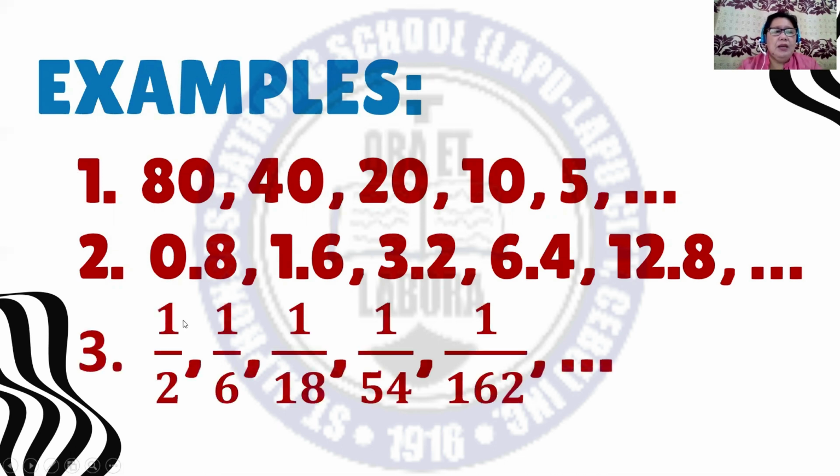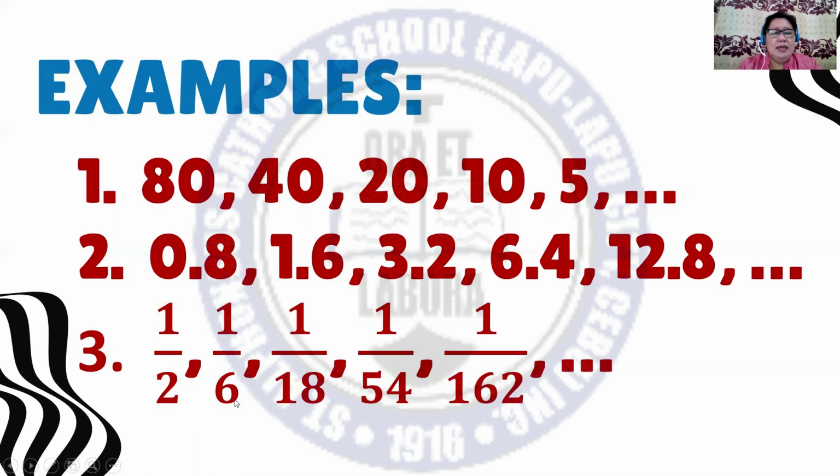And number 3, you have 1/2, 1/6, 1/18, 1/54, 1/162, and so on. If you notice, the first 4 fractions are the fractions represented by the parts of the pizza pie. And how will you get 1/6? That is 1/2 times 1/3.